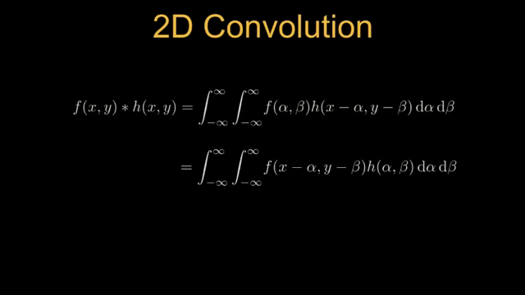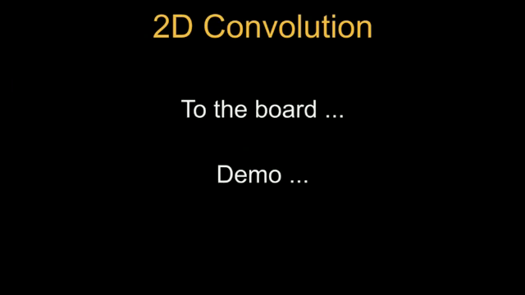And they're flipped again, and you shift everything by x and y to get the values you want. So you can think about it for a minute. As we went through the 1D example, we had two rectangles that were shifting on top of each other. Now, when you do 2D convolution, you can think of, let's say, two big squares in 2D space moving on top of each other. And I'll show you an example.